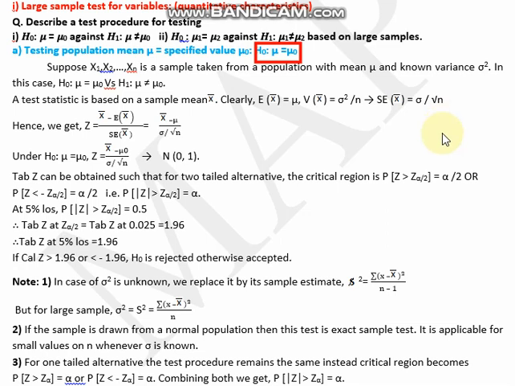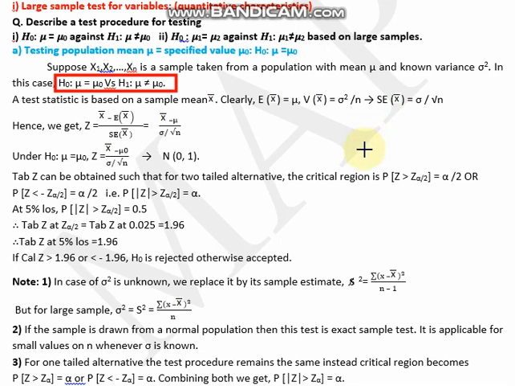So what we have to do in this case? We first start with our null hypothesis, H naught: mu equal to mu naught, whereas the alternative hypothesis is H1: mu not equal to mu naught. So clearly we are testing here a test statistic which is based on mean, and we are testing whether the population mean mu is equal to mu naught.